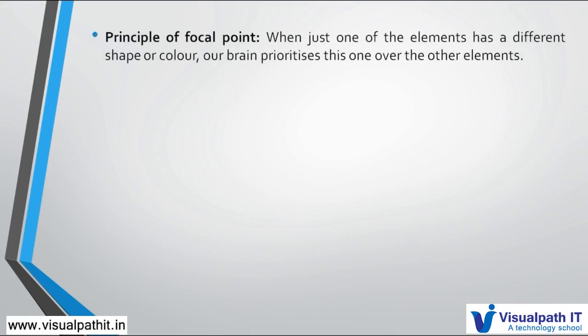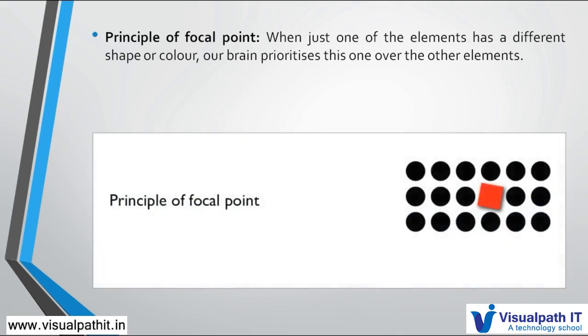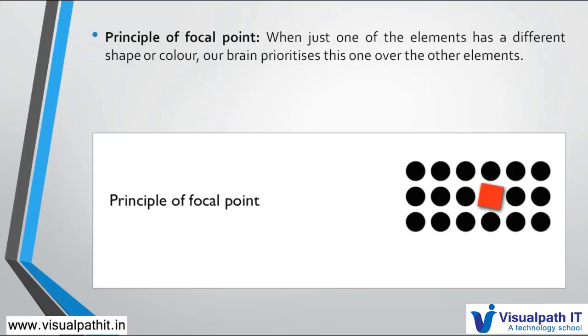Next, the principle of focal point. When just one of the elements has a different shape or color, our brain prioritizes this one over the other elements. For example, if you see the image, it has a dot and a rectangle with a different shape.